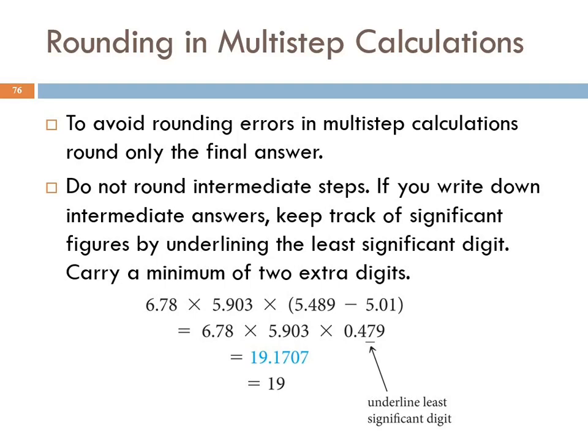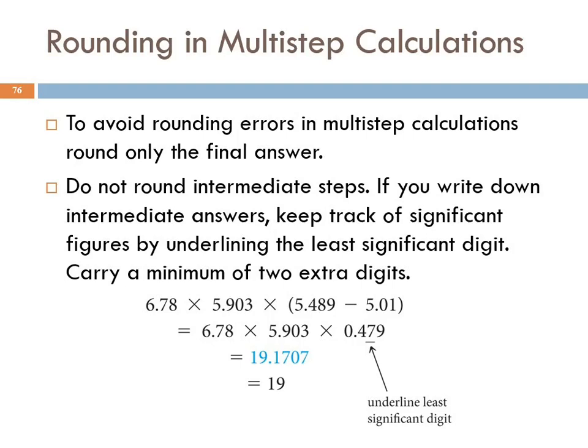Multi-step calculations. If we have multi-step calculations, which in Chem 1A we do frequently, if you do each step individually and round to the correct number of significant figures, you're going to get some rounding errors by the time you get to your final answer. To avoid that, do not round until you get to the final answer, until you're all done.